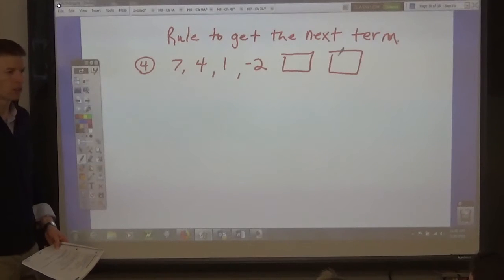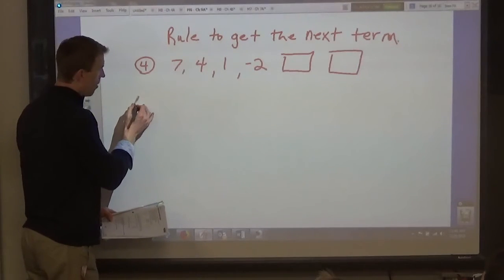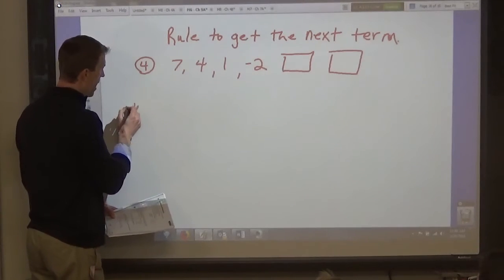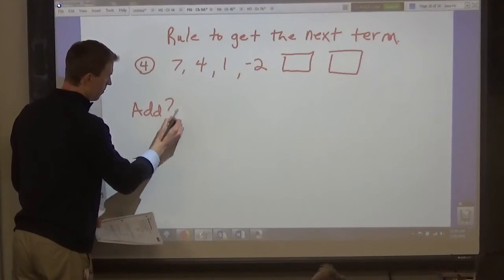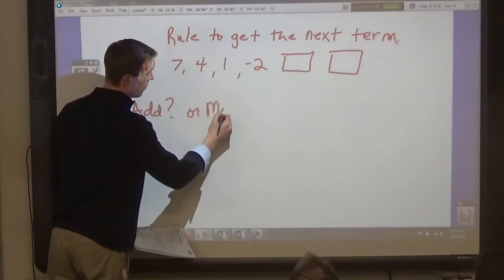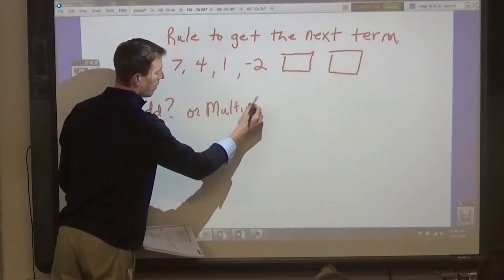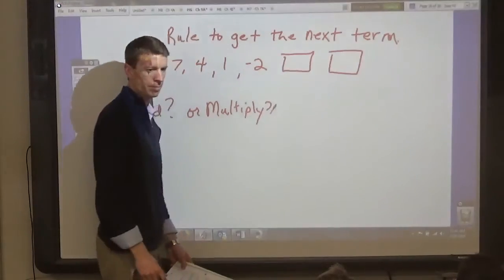Well, there's 2 things that you can look for. These are the main 2 that you're going to look for. Should I add? Or should I multiply to get the next term?